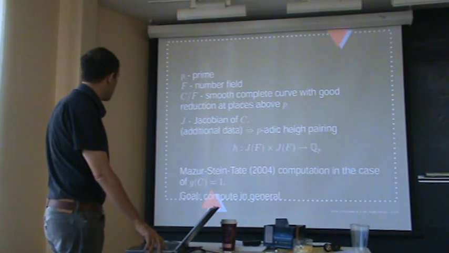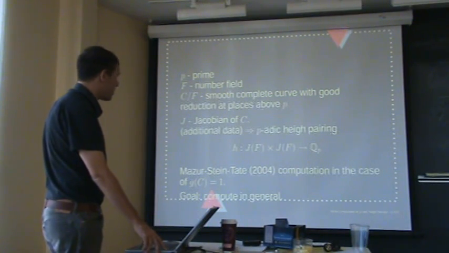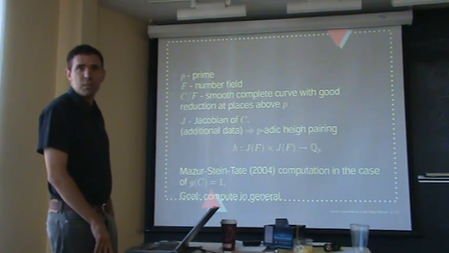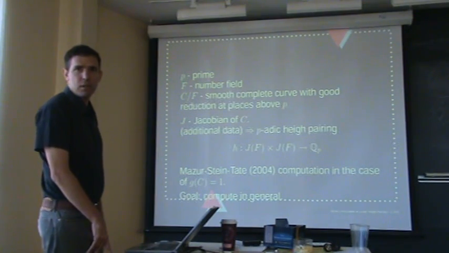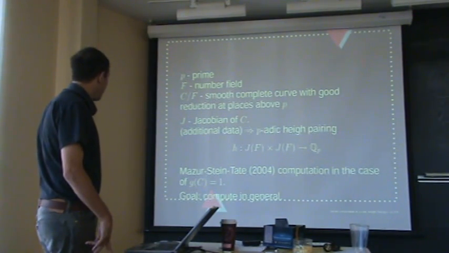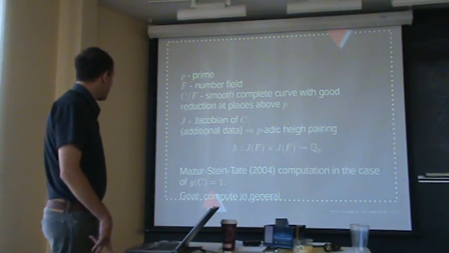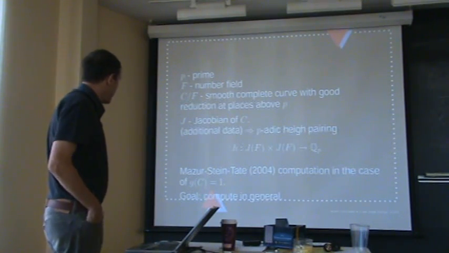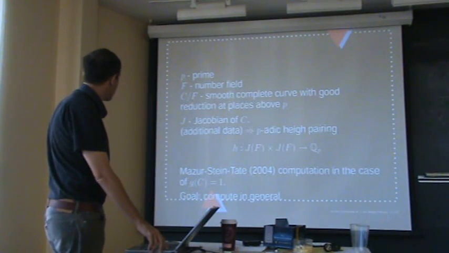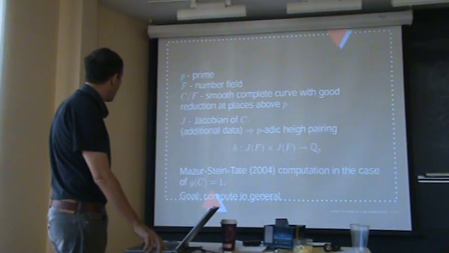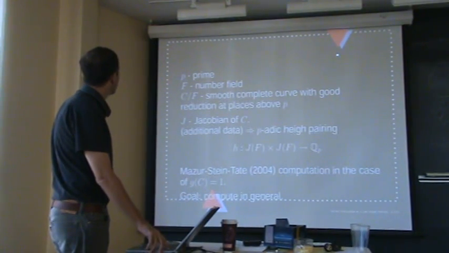As I said, the paper is from 2006, but this was done in 2003 or 2004, a computation in the case of elliptic curves, and the goal is to compute for hyperelliptic curves in general.